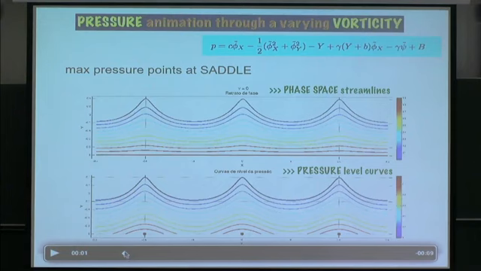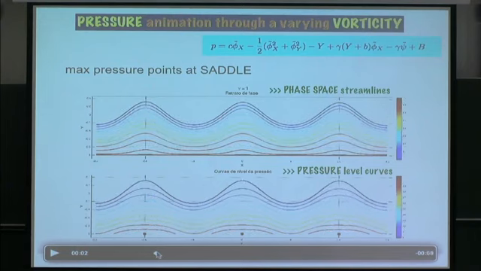And as we go, increasing the parameter, changing a little bit, increase the parameter.